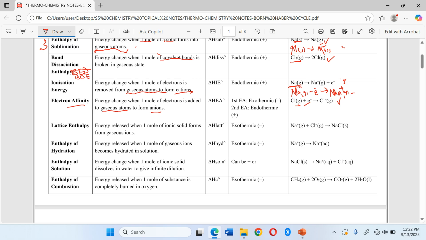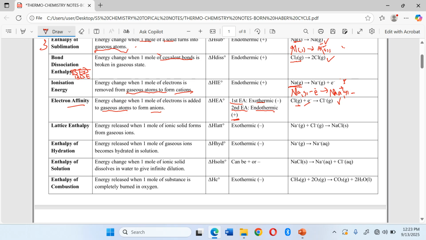And they are saying that the first electron affinity is negative, exothermic, while the second electron affinity is endothermic, which means it absorbs heat, and is therefore positive. Why do we need to know these signs?